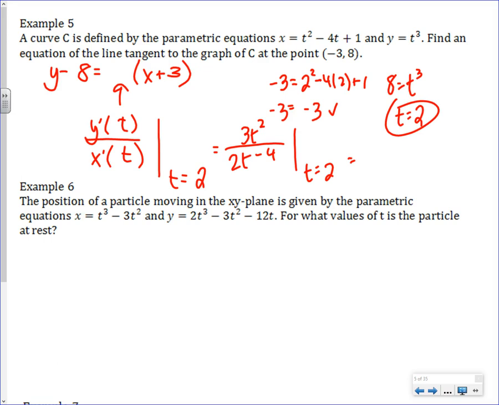What's the dilemma? The slope is undefined because it is a vertical tangent line, and any vertical line has an equation of x equals a, or c, or k, or whatever you want to call it.